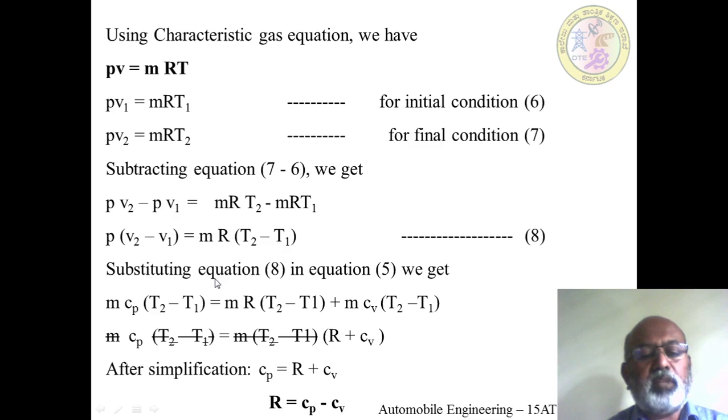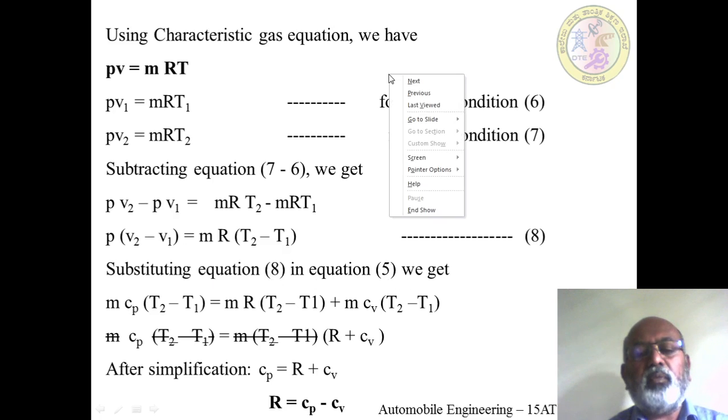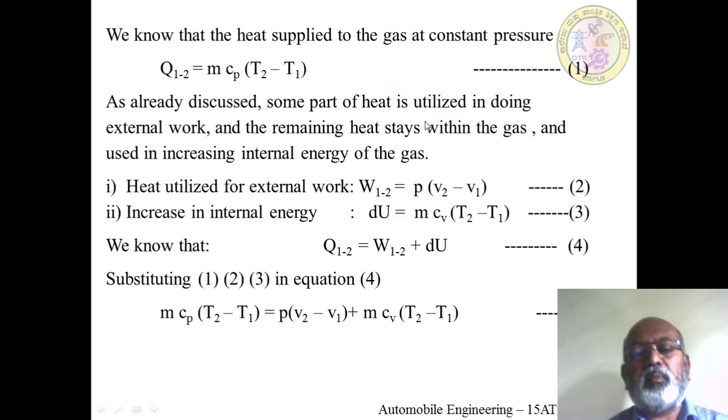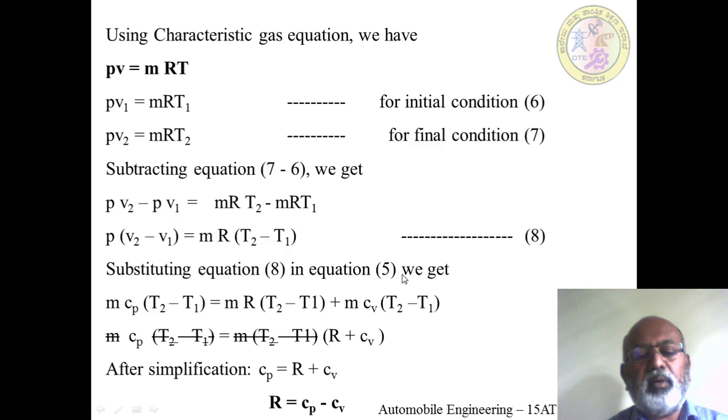Substituting equation 8 in equation 5. m Cp (T2 − T1) is equal to P (V2 − V1) plus m Cv (T2 − T1). This is equation number 5.